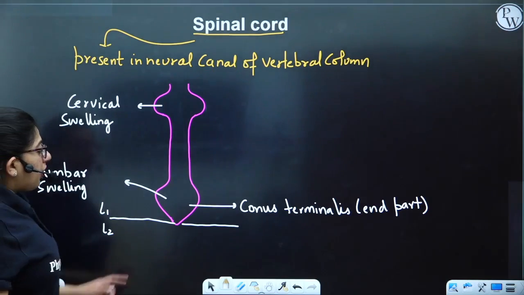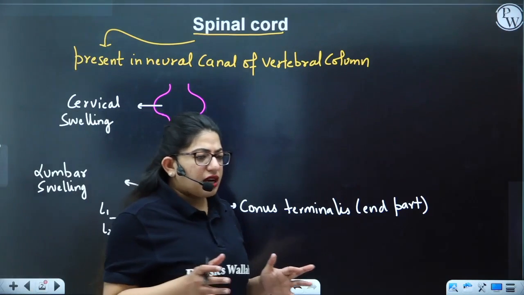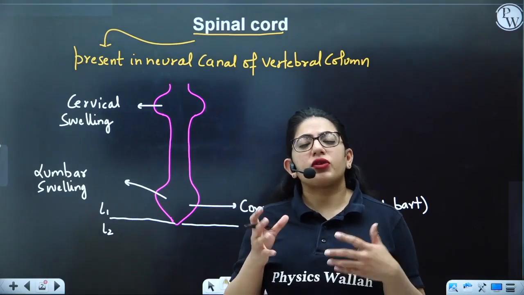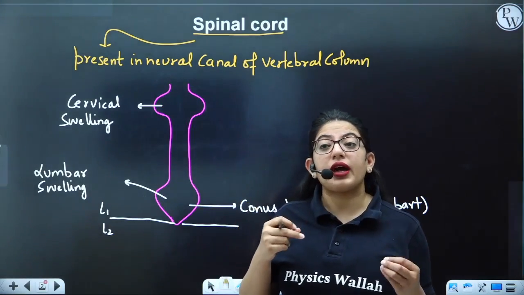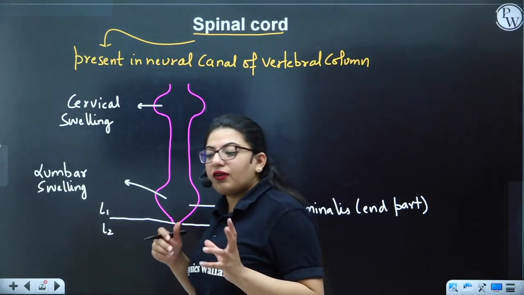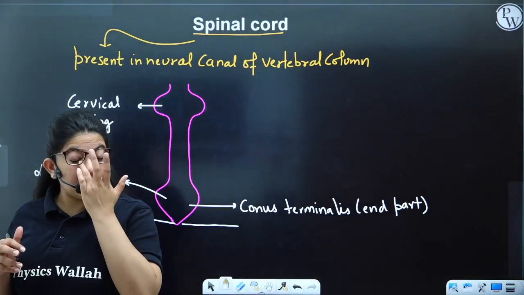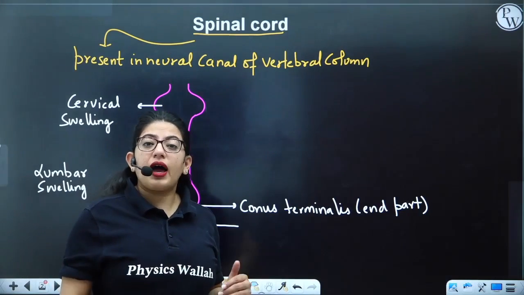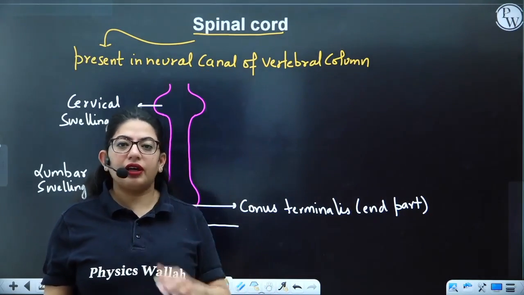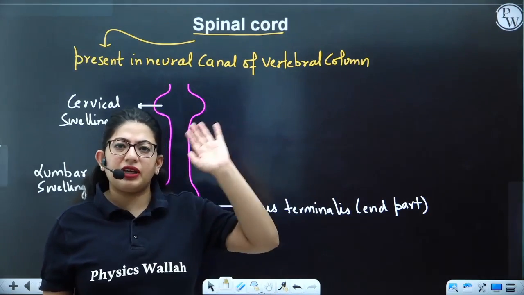Okay. Now here, as your brain was covered by the protective coverings known as meninges, the spinal cord is also covered by the protective coverings known as meninges. So likewise, our brain had the meninges, dura mater, arachnoid mater, and pia mater. It also has the meninges, pia mater, arachnoid mater, and dura mater with the same sequence. Okay.